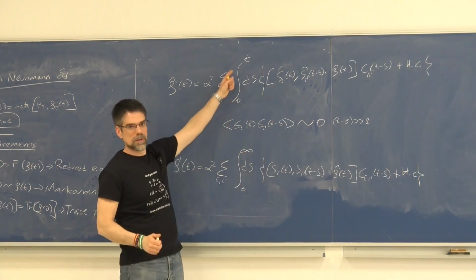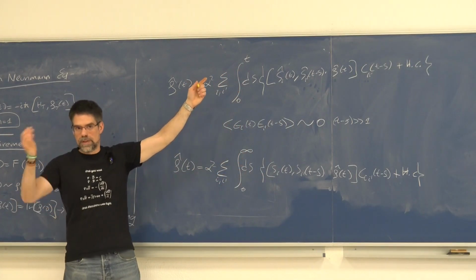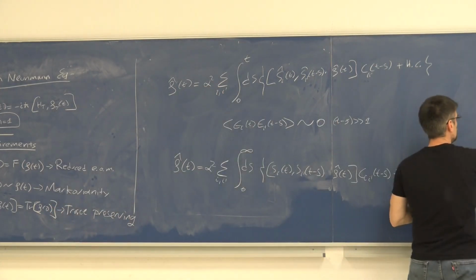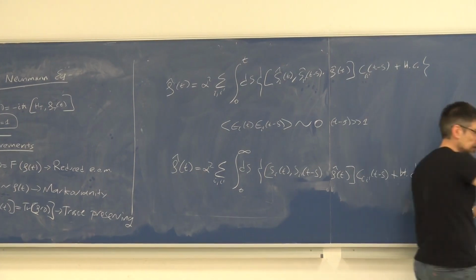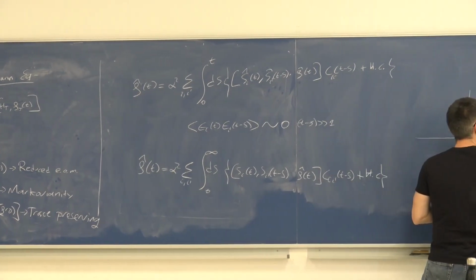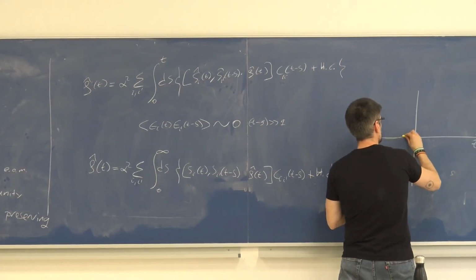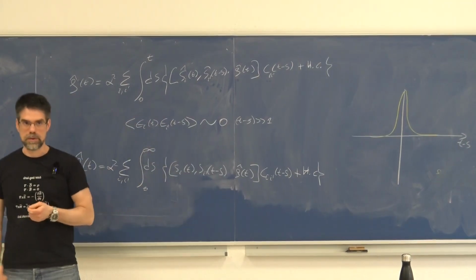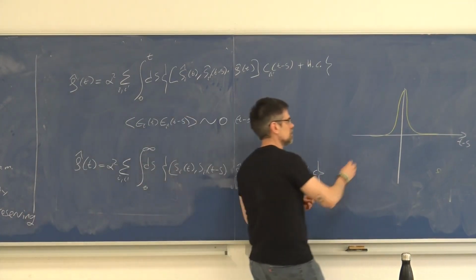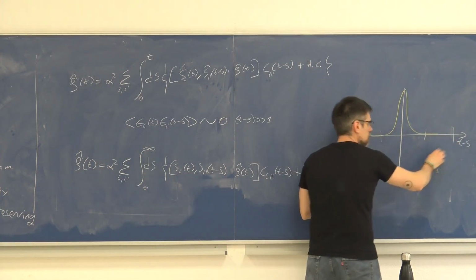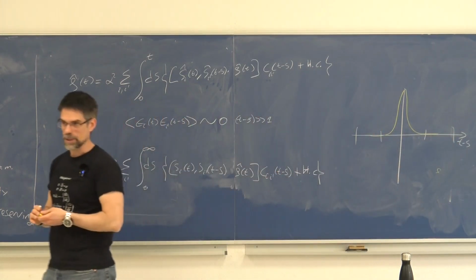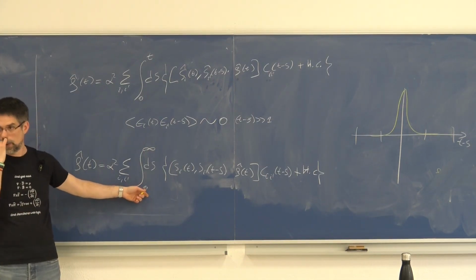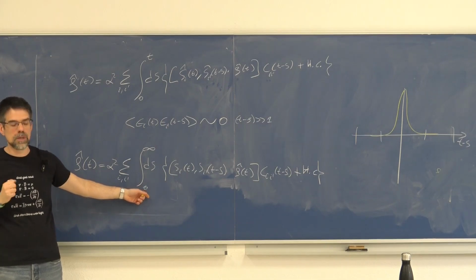Why to infinity? Because if this is going to be zero, it doesn't matter. Basically, what happens here is that this C, if this is t minus s, they are very peaked around t minus s, and they go to zero. So for this, integrating between these limits or to infinity doesn't really matter. You can also take this from 0 to minus infinity if you want. It's not customary, usually people don't do that, but you can.